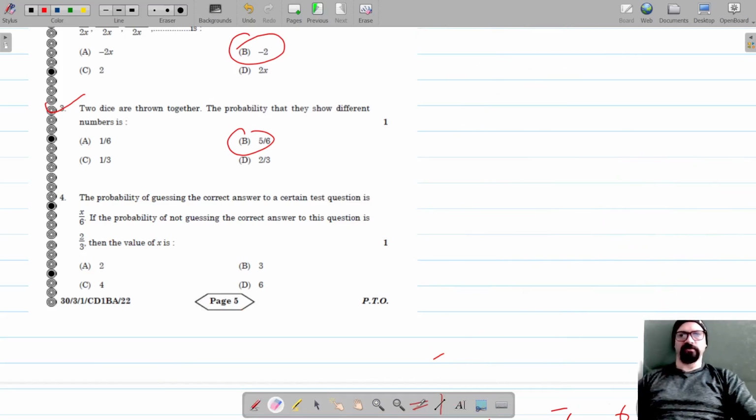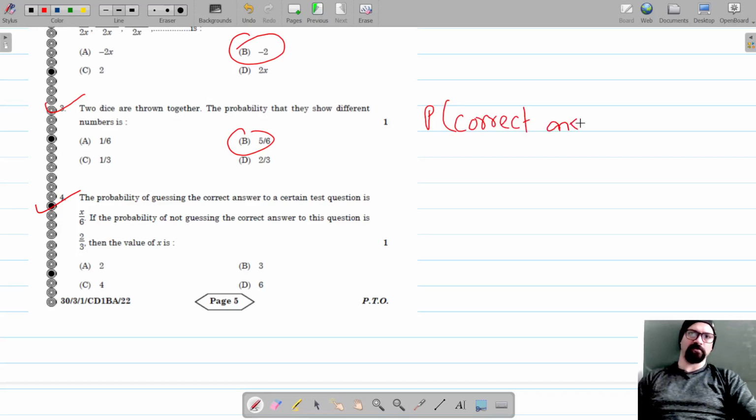For question number 4, it's given that the probability of guessing the correct answer to a certain test question is x by 6.